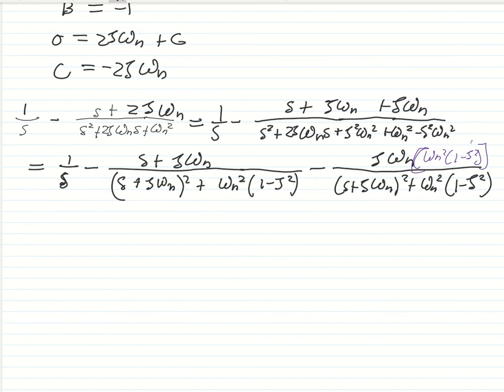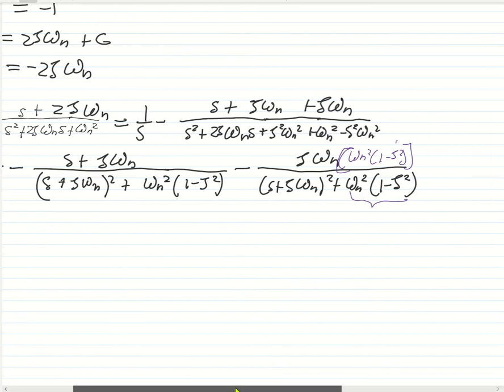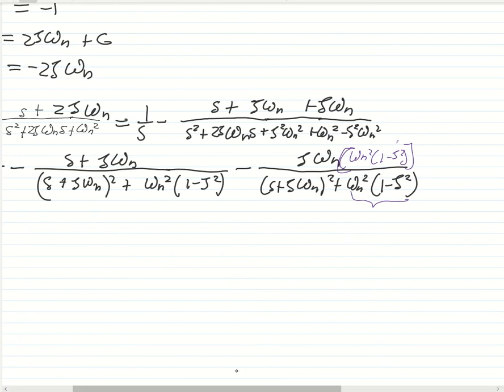We need to do this so that we can use the formula or the table for the Laplace. The numerator should be the same as this one. So we multiplied by omega n squared times 1 minus zeta squared, so we need to divide it also here, so I just put this one here.